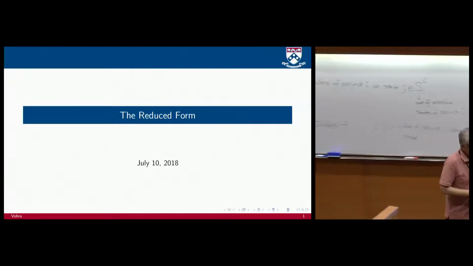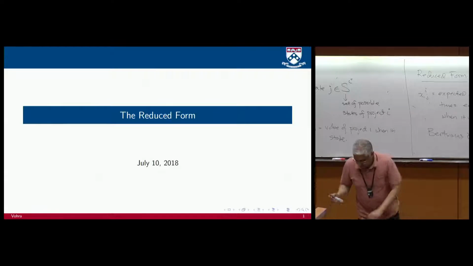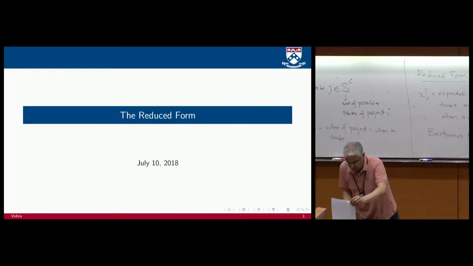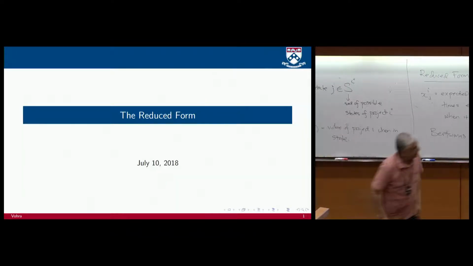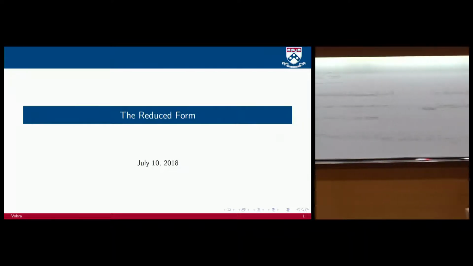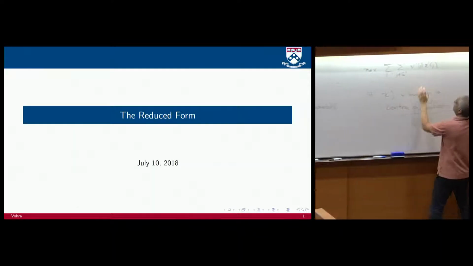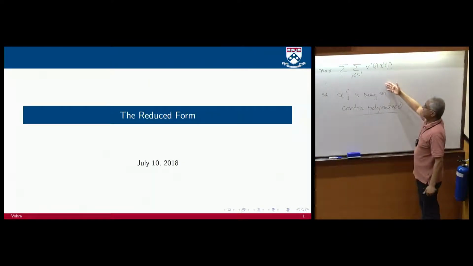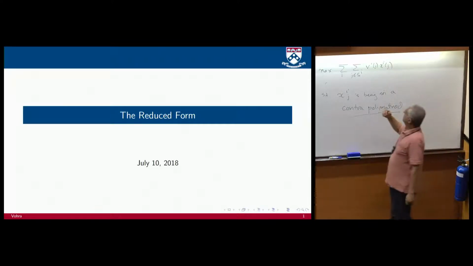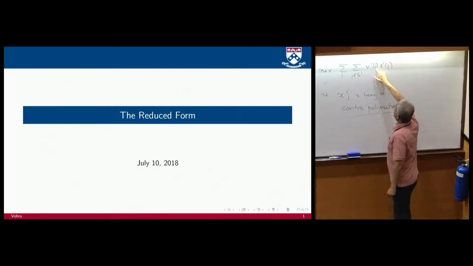Okay. Now, once I have this, what can I do with this? I'm now going to build in a mechanism design problem in the following way. Let's imagine that V_ij, each project represents an agent, so i is an agent.